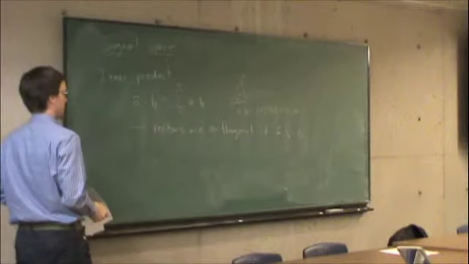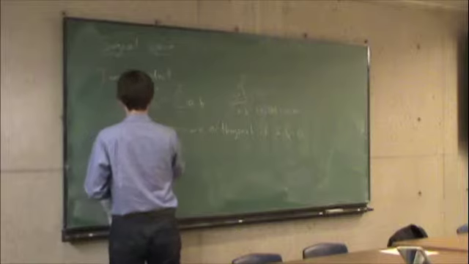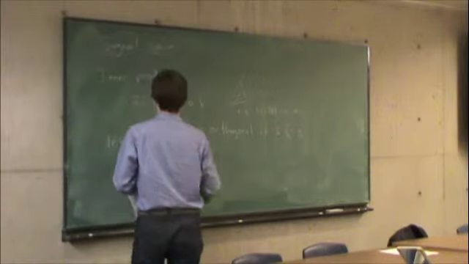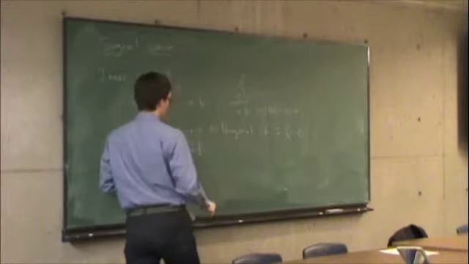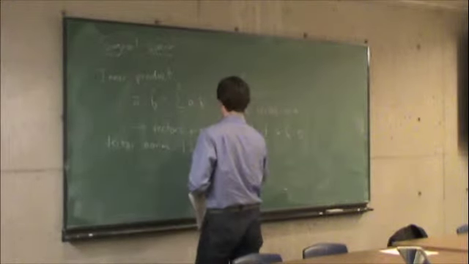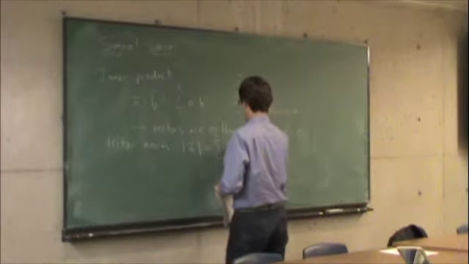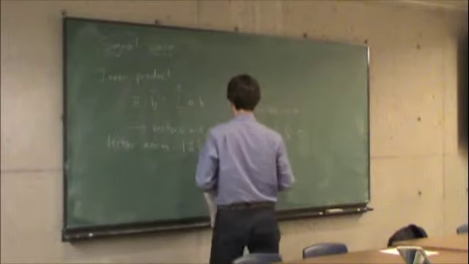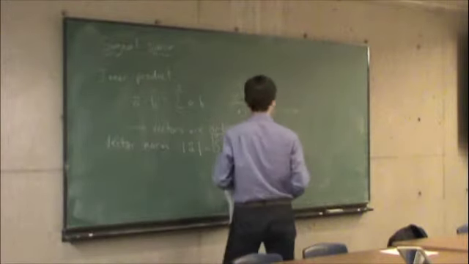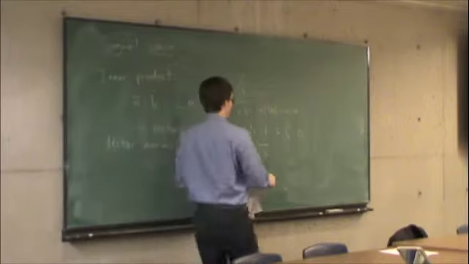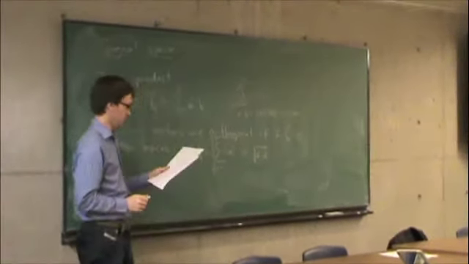Which leads me to remind you about vector norm. The norm of A is the square root of the sum from i equals 1 to n of A_i squared, or in other words, it's equal to the square root of A dot A. In some sense, vector norm basically means the length of the vector.